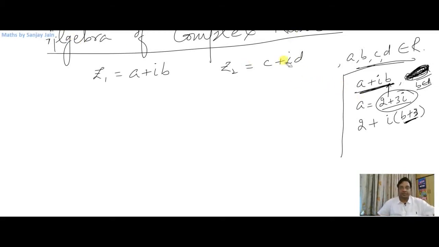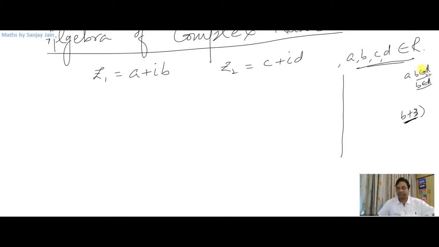Number one, addition is pretty simple. When I add two complex numbers, I add the real parts and imaginary parts separately.